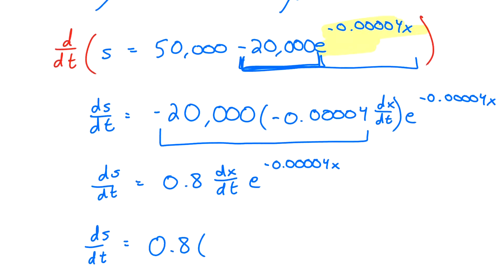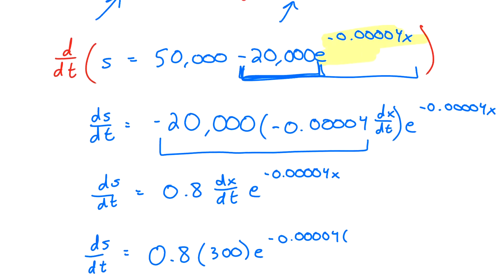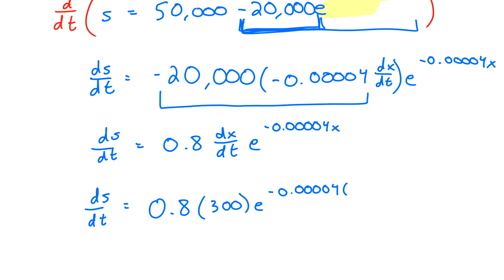We said that was 300 times e to the negative 0.00004 times x. Our x value was 2,000. So here again, just be careful with your decimals. I've got 0.8 times 300 times e to the negative 0.00004 times 2,000 power.